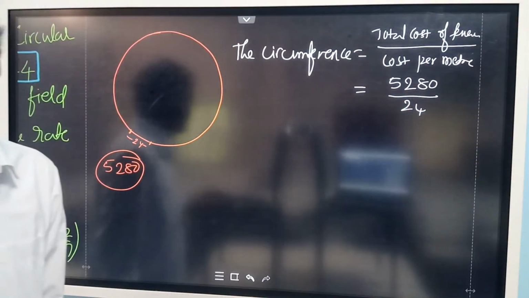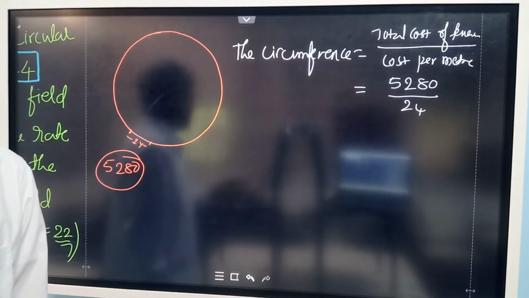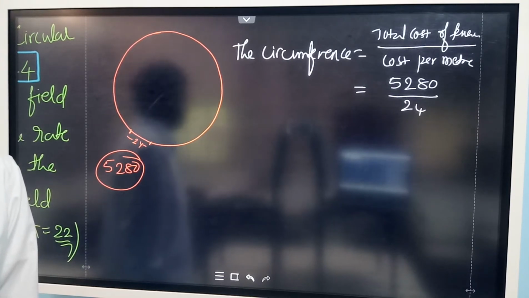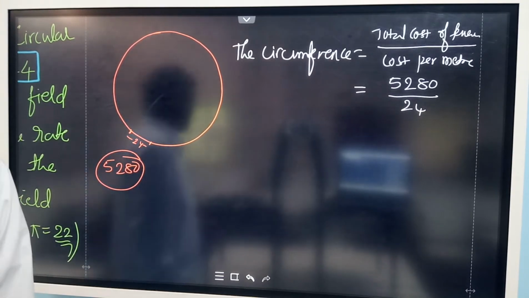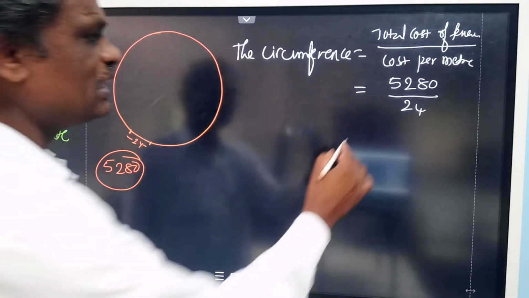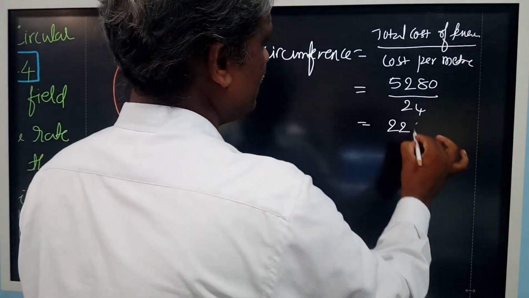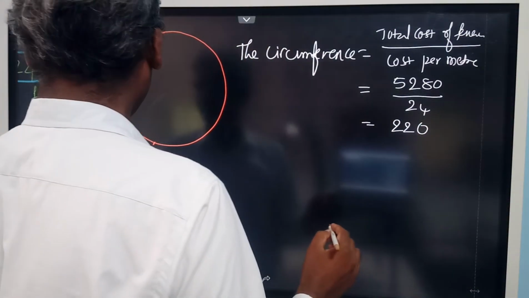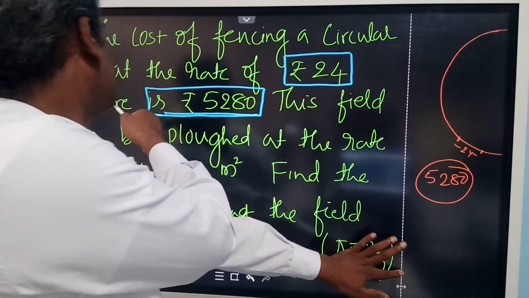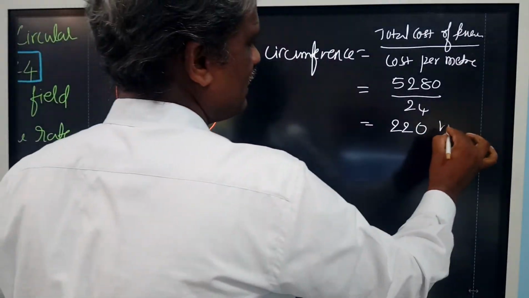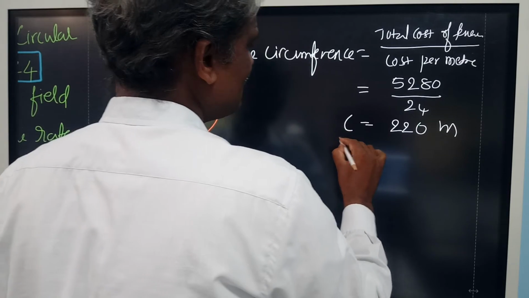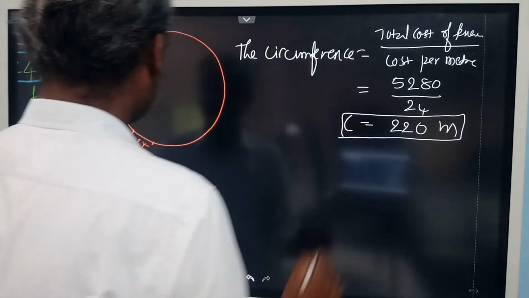What will you get if you divide this? Total cost divided by 24, you will get 220. See, per meter they have given, since it is given in meter, therefore it is meter. Circumference is equal to 220 meters.